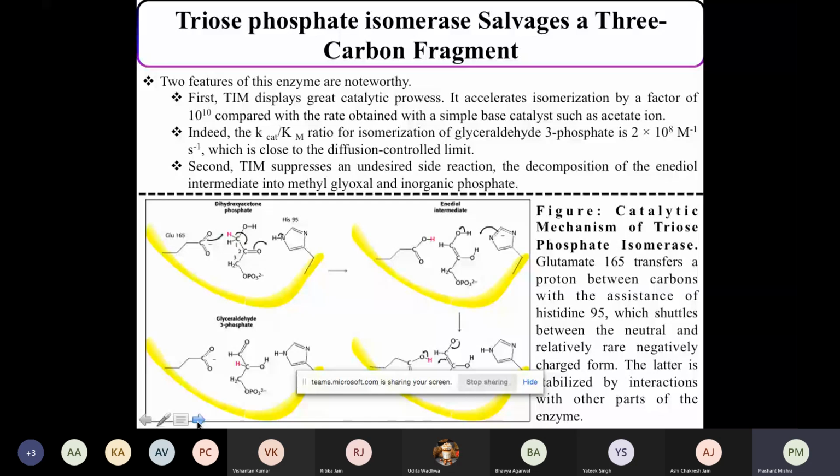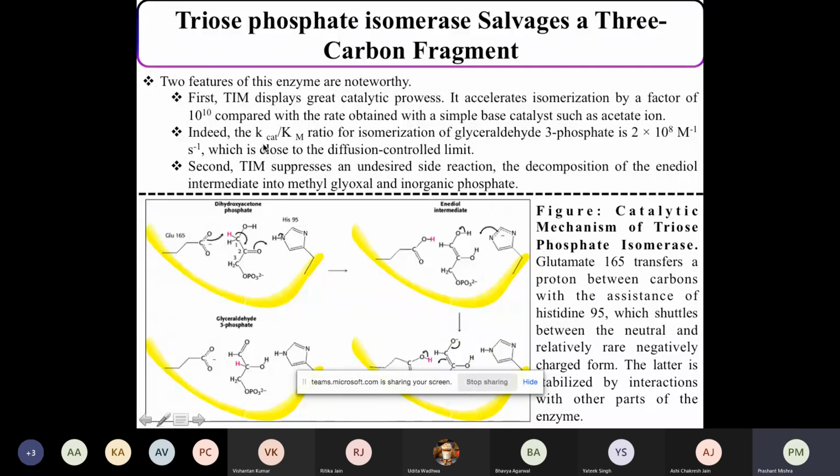But let's compare it with the rate obtained by simple chemical catalysis. If I look at a simple base catalyst, such as acetate ion, and compare it with the presence of TIM, you will find the rate of reaction is 10 to the power 10 higher. That means a reaction which is practically not happening can be catalyzed at a very fast rate.